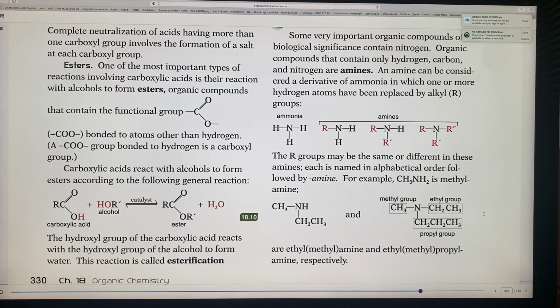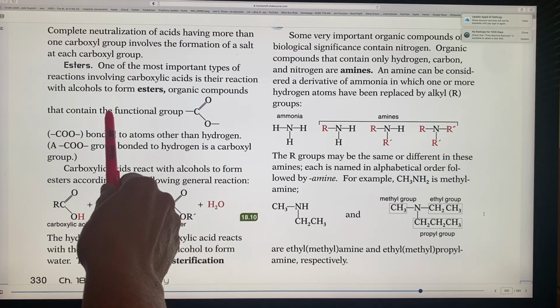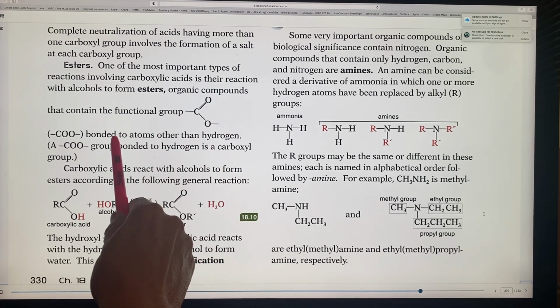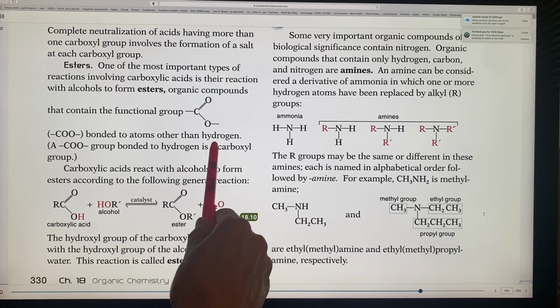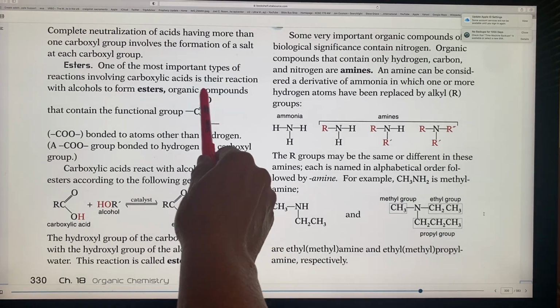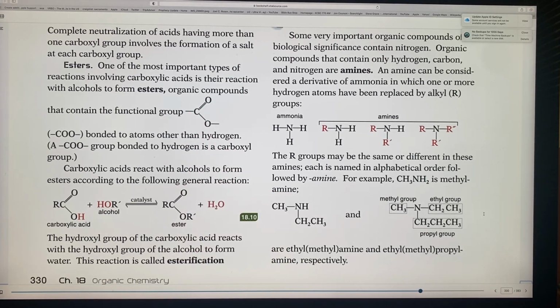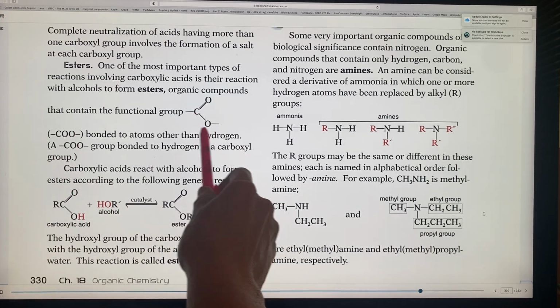Here we have a picture of the group, the functional group of esters, bonded to something other than hydrogen. Some of them are bonded to alcohol and some are not, but they can't be bonded to hydrogen. This one actually has two oxygens. Esters are kind of cool. Another way you can describe it is COO instead of this figure.